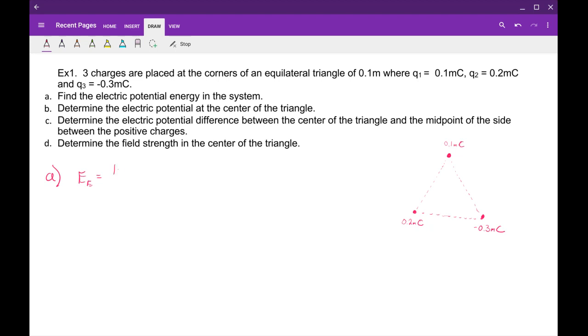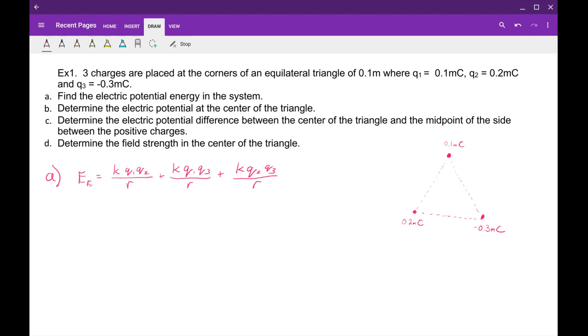So it's just k Q1 Q2 over r plus k Q1 Q3 over r plus k Q2 Q3 over r. Okay? And so basically it's either way, it's the energy that the system currently has, all right?